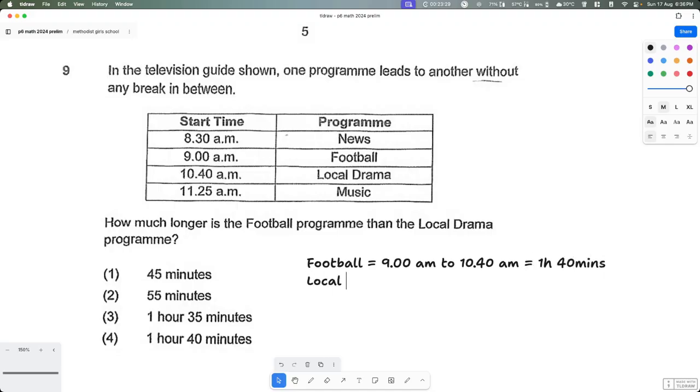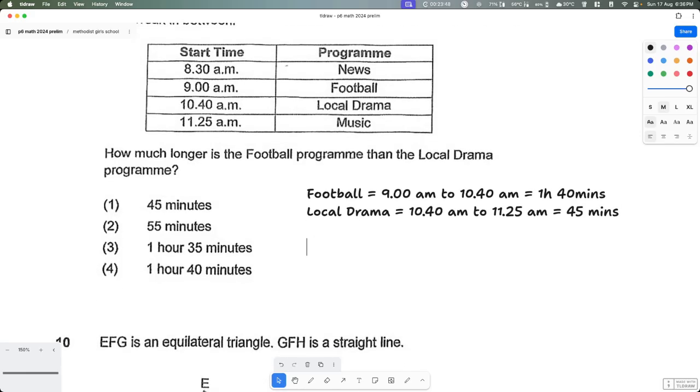So the local drama is from 10.40 a.m. to 11.25 a.m., which is equal to 45 minutes.